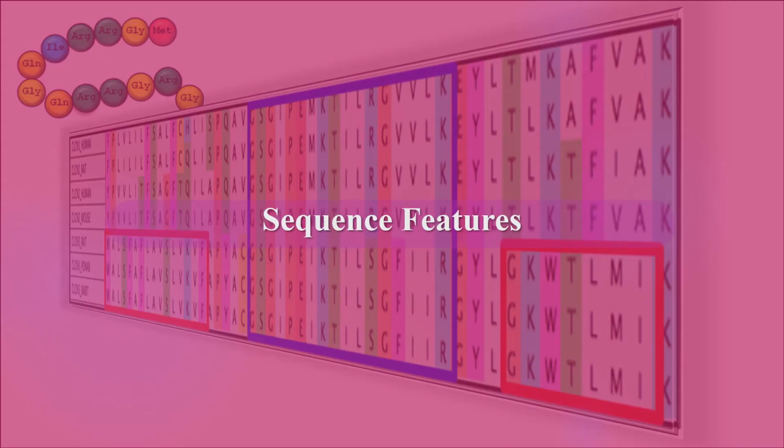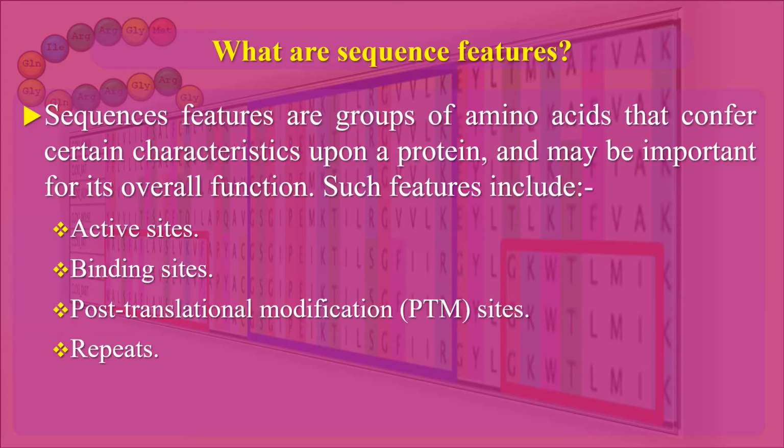Sequence features برضو ده another way of protein classification. What are sequence features? Sequence features are groups of amino acids that confer certain characteristics upon a protein and may be important for its overall function.